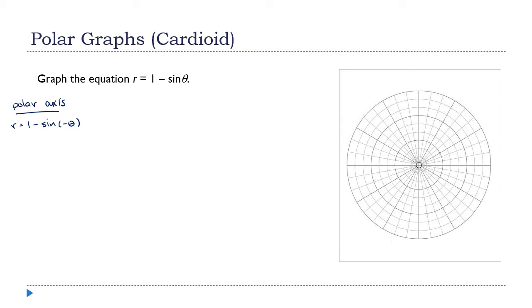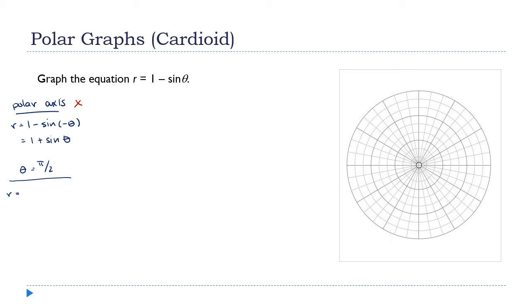And we know sine of minus theta is minus sine theta, which means this becomes 1 plus sine theta, which is not the original. So this one is a no. It does not have that symmetry. All right, so now let's try the line theta equals pi over 2 and see what we get. Well, my test here says replace theta with pi minus theta.